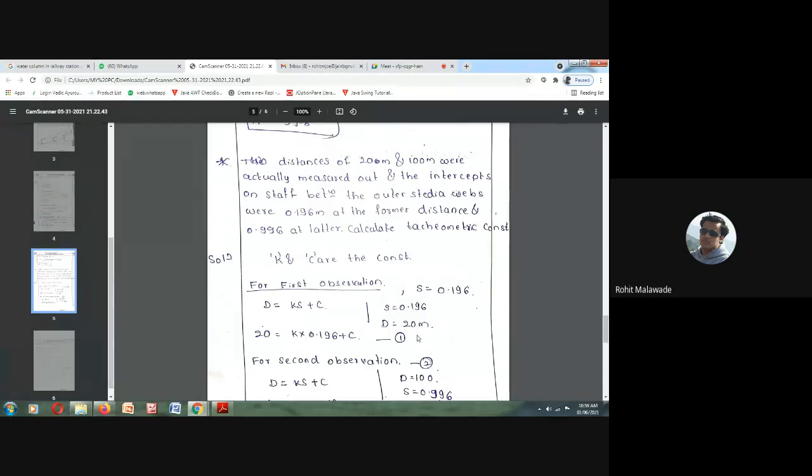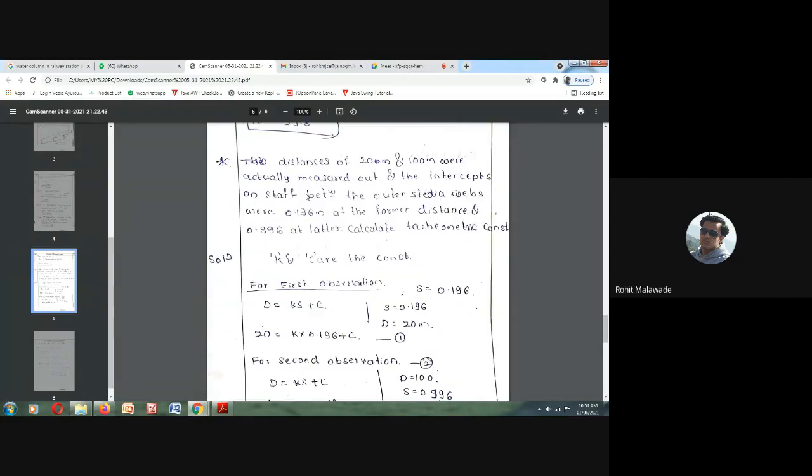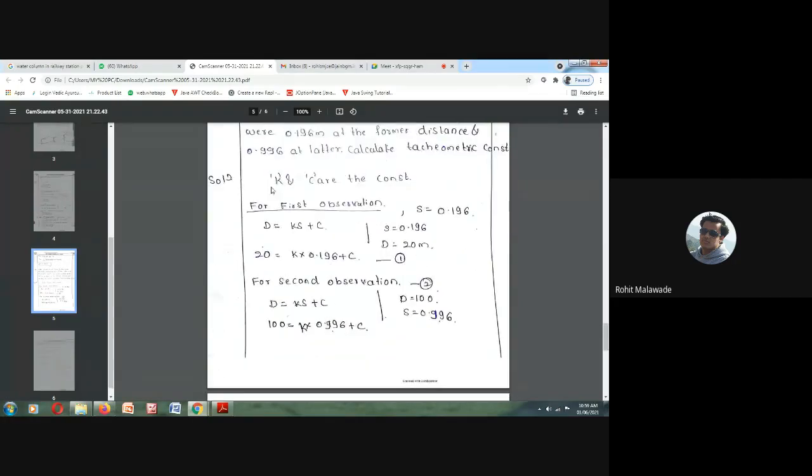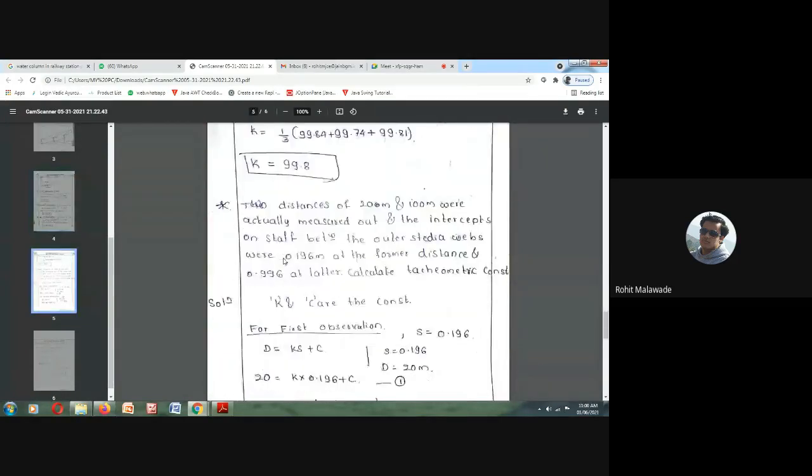Distance D is 20 meter, S is 0.196. For the first observation, we will use the formula D is equal to Ks plus C. Here they have not given any theta value, so we are not using the inclined formula. If they had given the theta value, we would have used it.